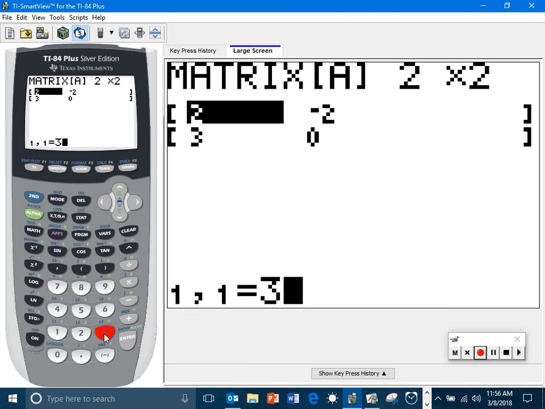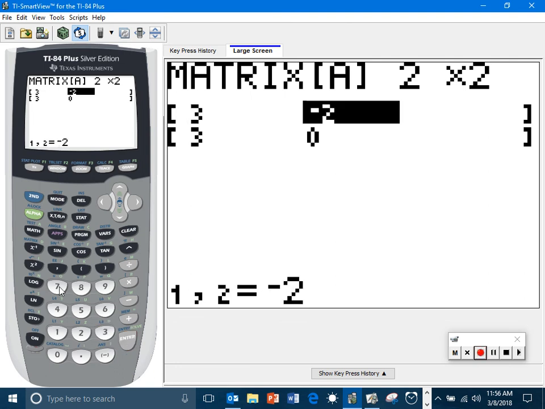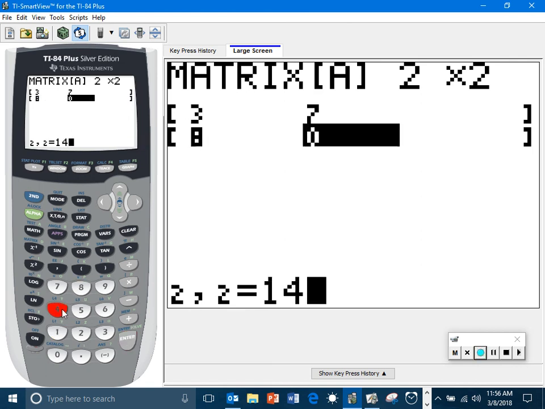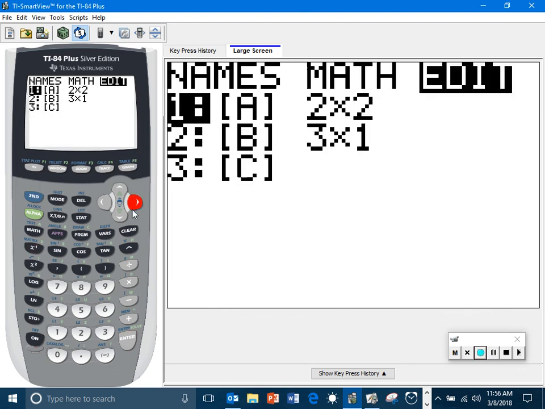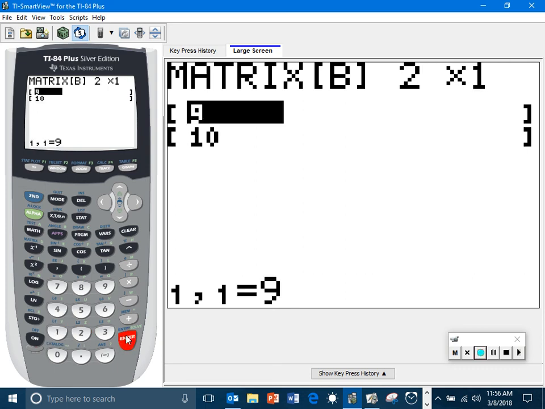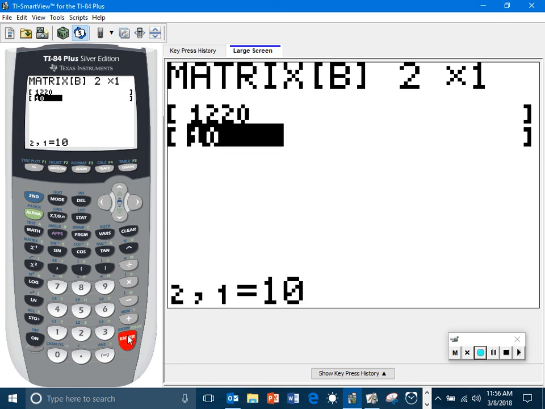And here we go. Okay, change your dimensions for that one also, 2 by 1. All right.